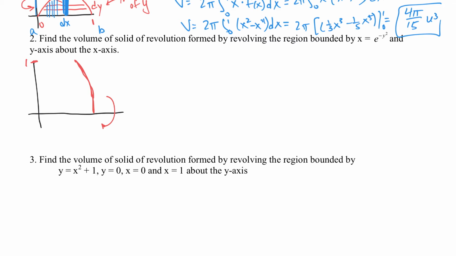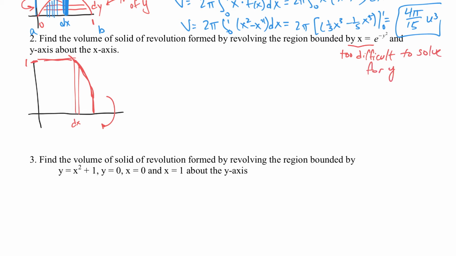Since I'm going about the x-axis, I need to take my slices in this manner, and I'm just showing you part of the graph here. I would need to have a dx, so I need this to be in terms of x, but we're going to say that this is too difficult to solve for y.